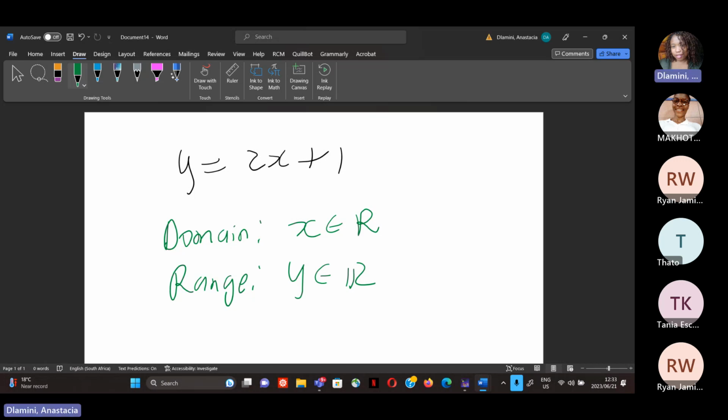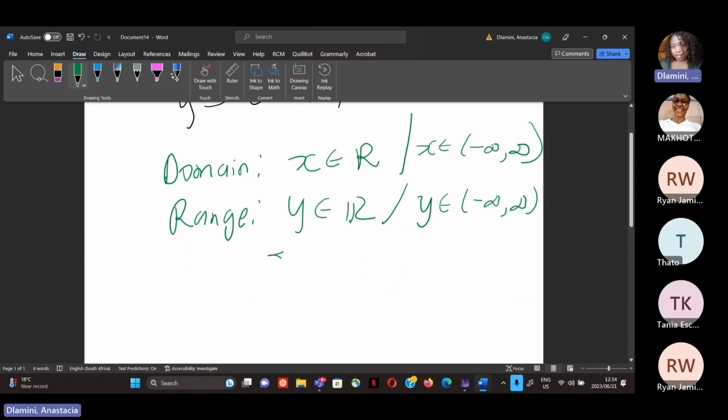Why is the domain x an element of real numbers? Why is the range y an element of real numbers? By the way, you can also write this as x is an element of negative infinity to positive infinity, or y is an element of negative infinity to positive infinity.